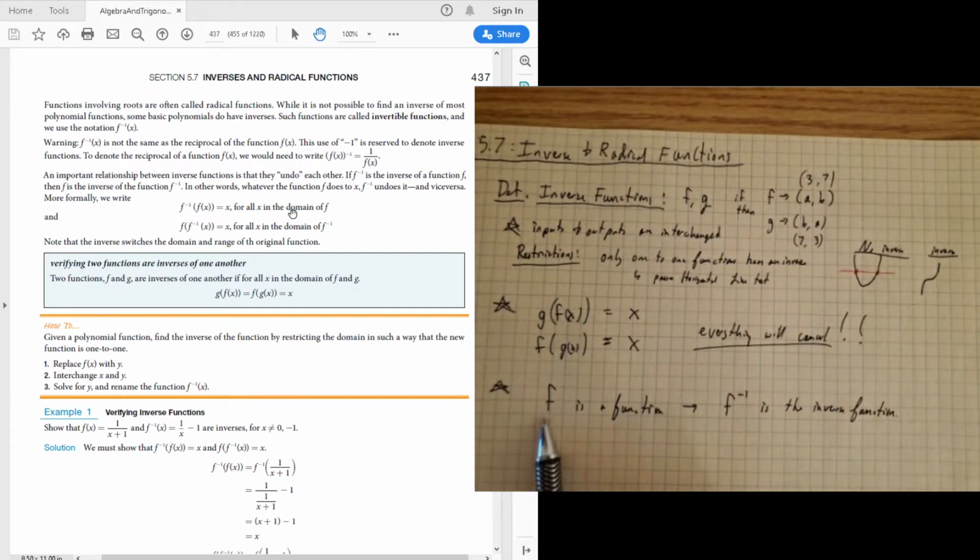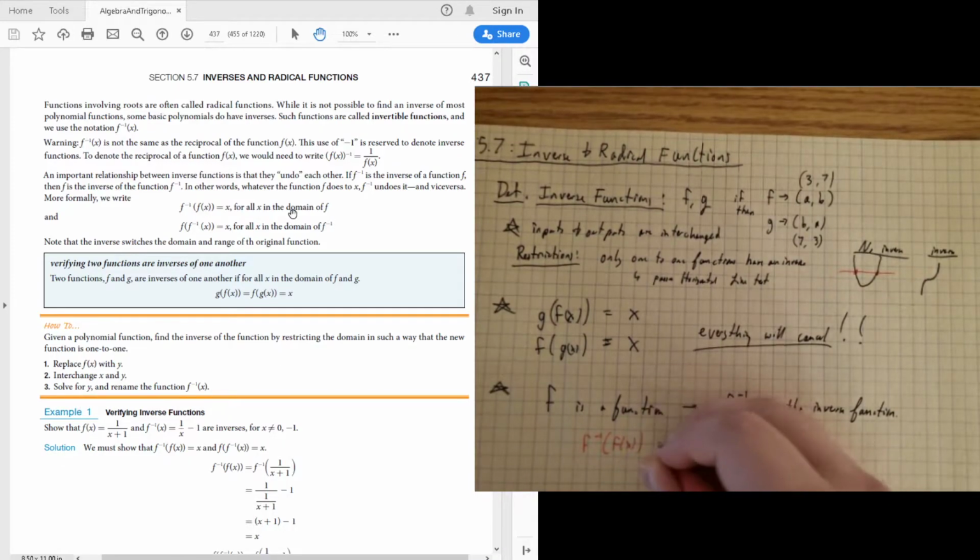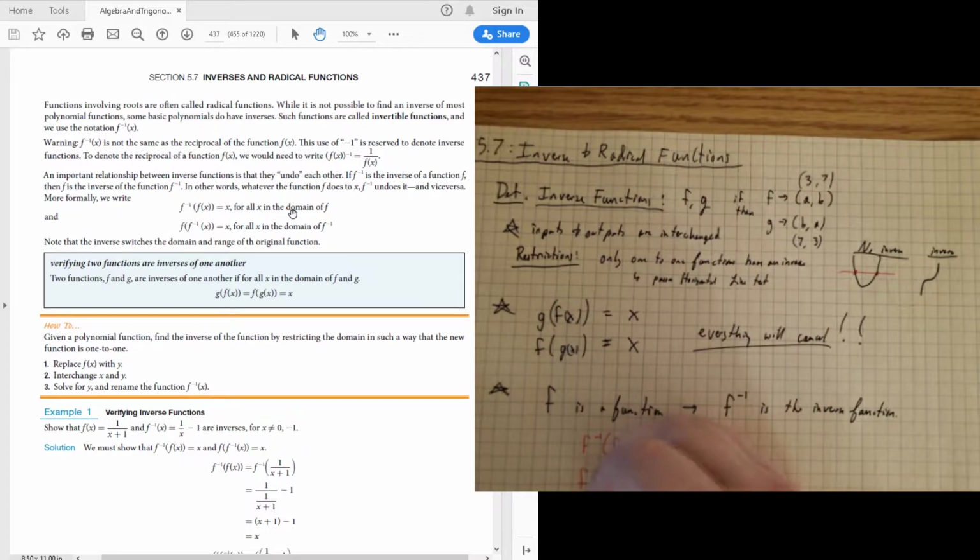So, you'll often see f and f inverse related in much the same way as f and g here. So in this case, if we follow this same property, this would mean that f inverse of f equals x, and f of f inverse equals x.